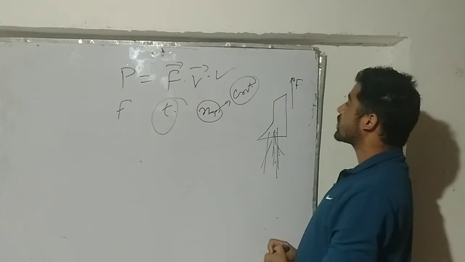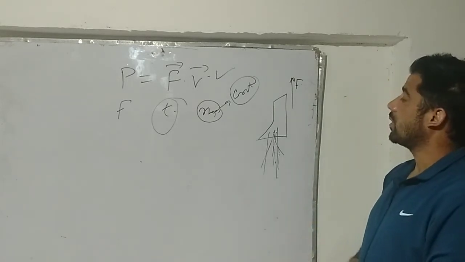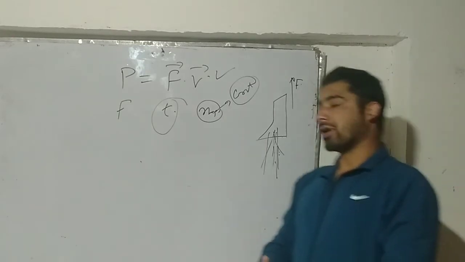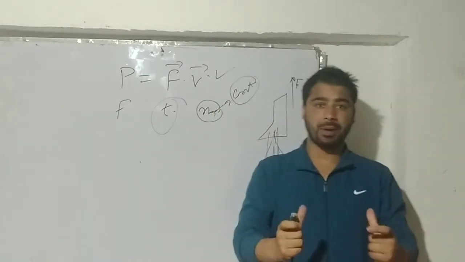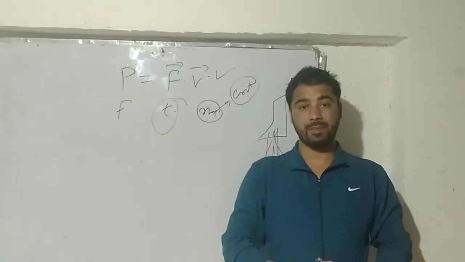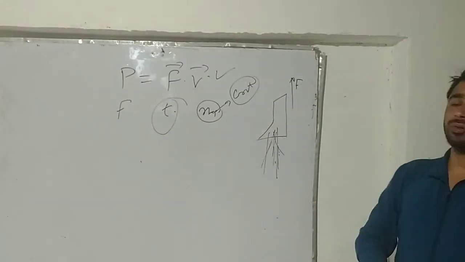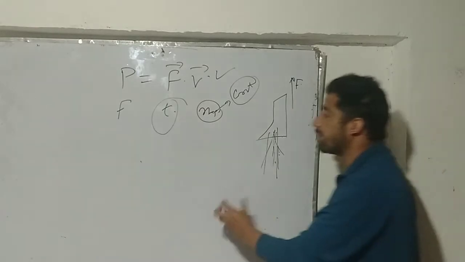Okay, so mass will be constant, although when we talk about the rocket problem, it's a typical variable mass problem, as you know. But here the story is somehow different for this time interval.